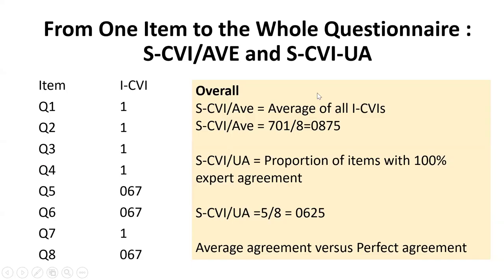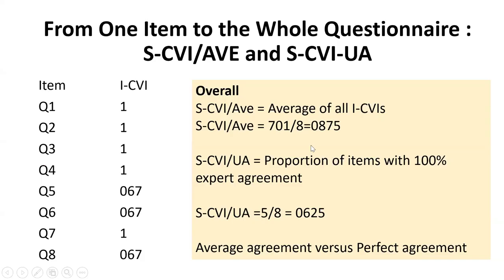So I have to average all of the item level content validity indices. If I sum this up and take the average, that is divide by 8, I get the scale level content validity index, which is the average.